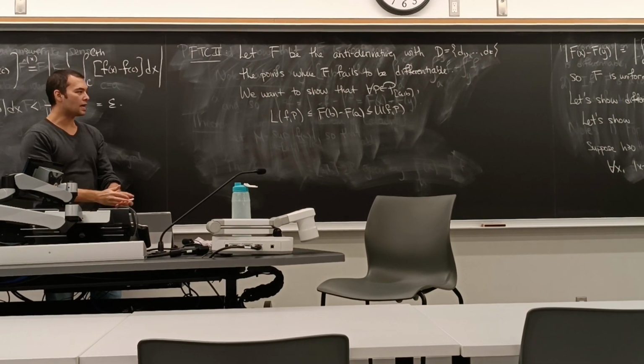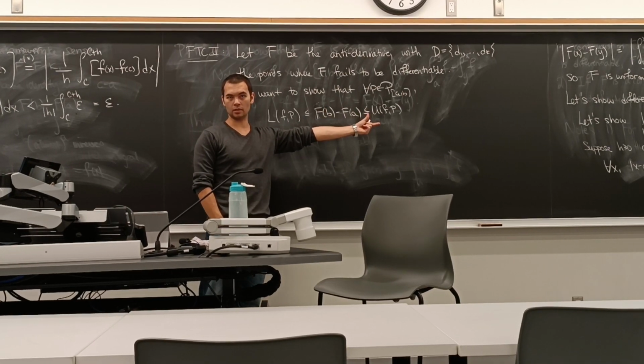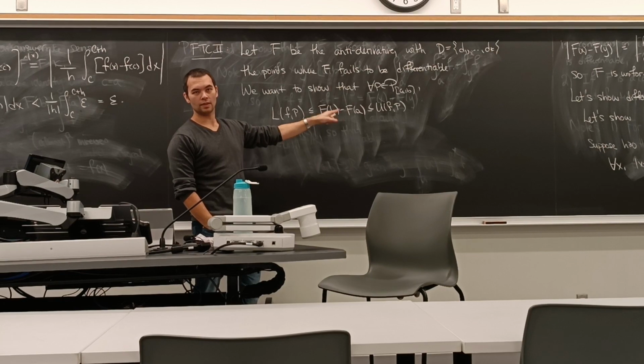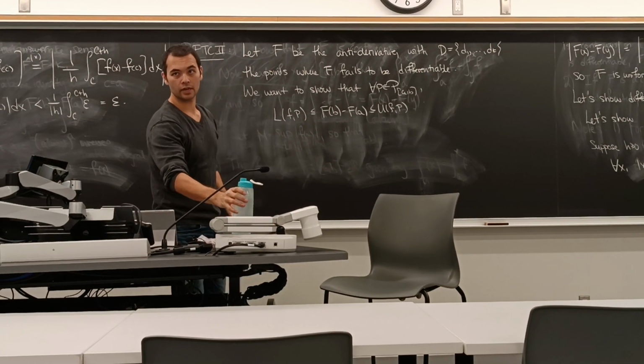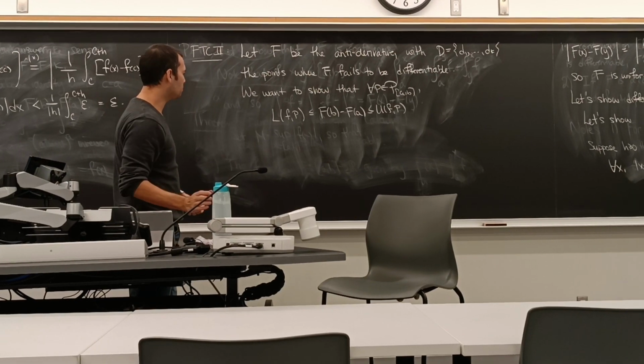By definition, the integral is the unique number that is always between the lower and upper sums, right? So if I show that for every p this is true, then that has to be the integral, right? Okay, that's what we want to show.